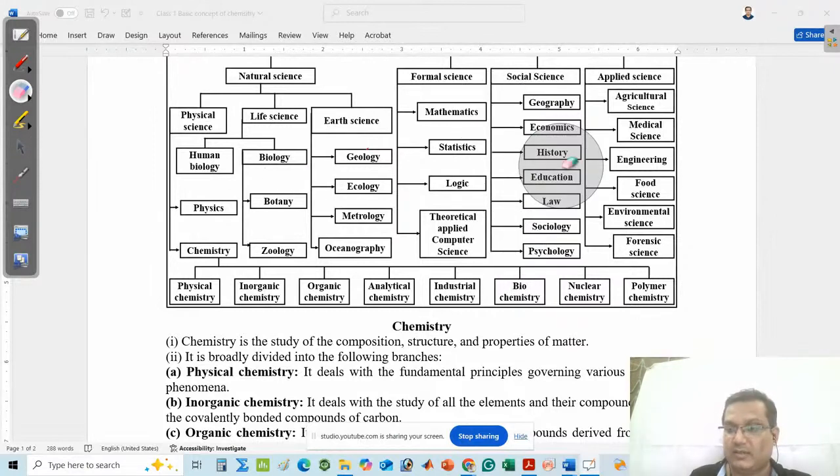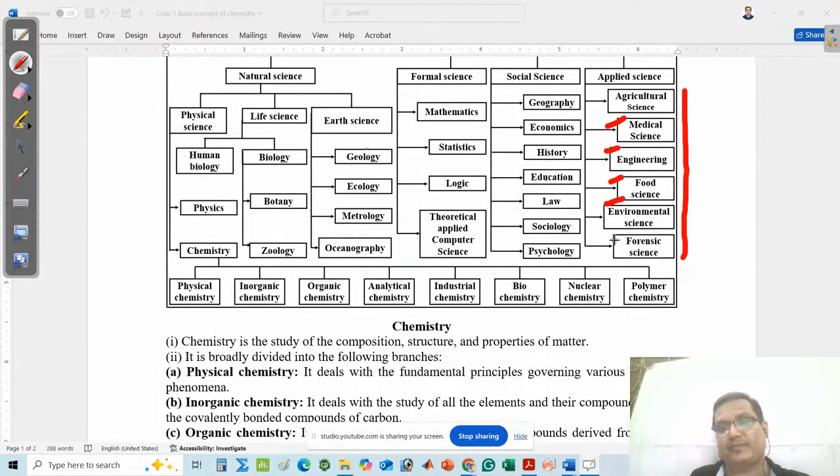Next, the other science is the applied science. Applied science means Prayogika Vigyana. Here are some branches of applied science. One is agricultural science, that is said to be Krushi Vigyana. Next is medical science, Chikitsa Vigyana. Next is your engineering, that is your Jantrika Vigyana. Food science, Khadya Vigyana. Environmental science, that is your Parivesha Vigyana.